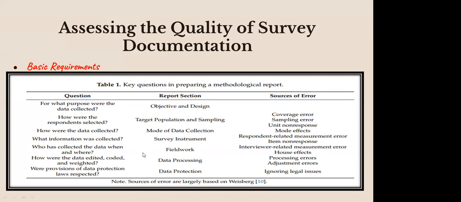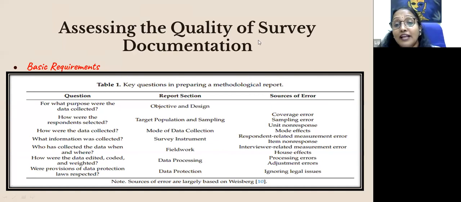These are the purposes, right? The purpose behind the data being collected is the objective behind your research, and that's how you frame the design, isn't it? So it's very important that your design is actually covered. The error that can occur there is a sampling or coverage error. Those are simple things which happen.